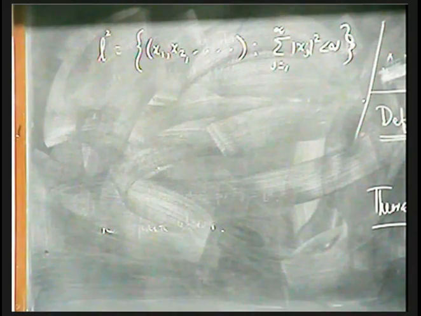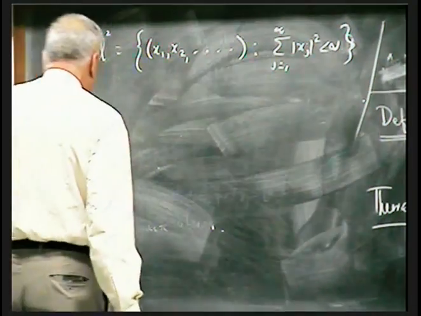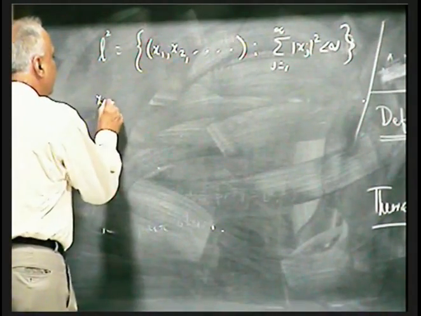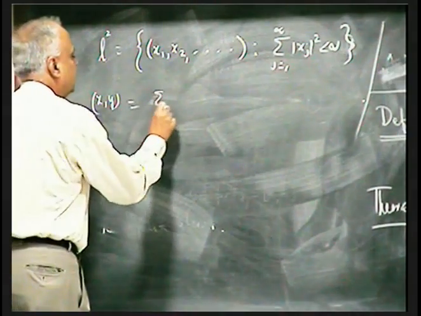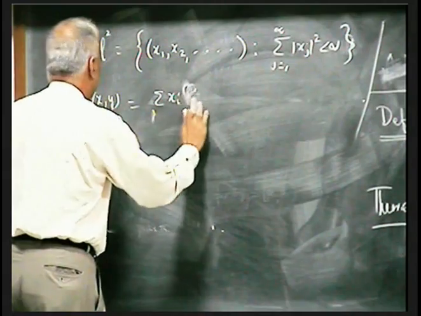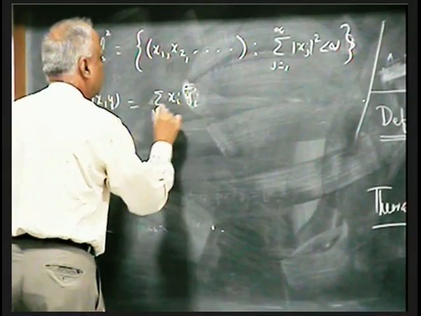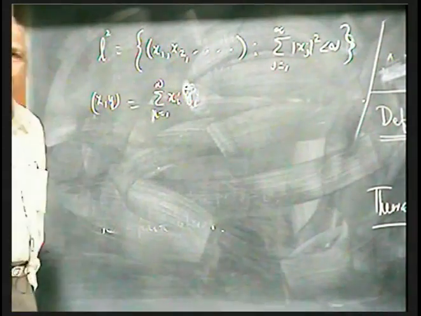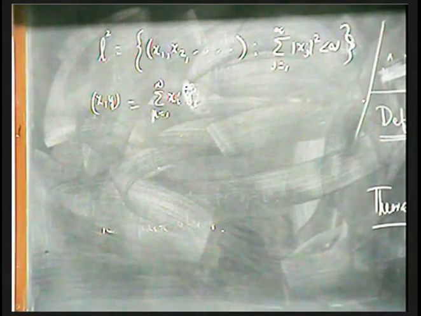And now in this we define the inner product of any two vectors as the sum of xi yi bar, i equal to 1 to infinity. The same thing that we do in finite dimension, now we extend it to an infinite number of components. To make sure convergence is there, we put the restriction that we look at only those vectors which have finite length.